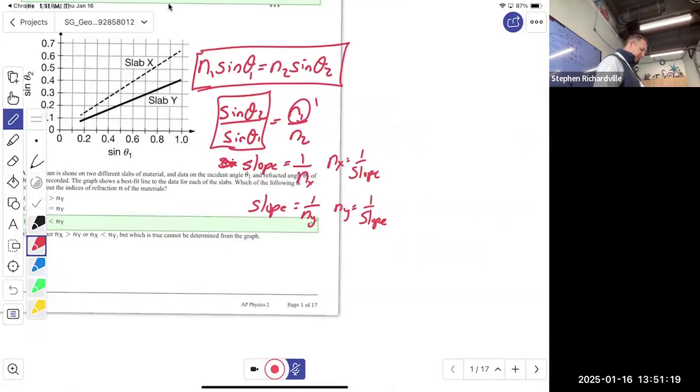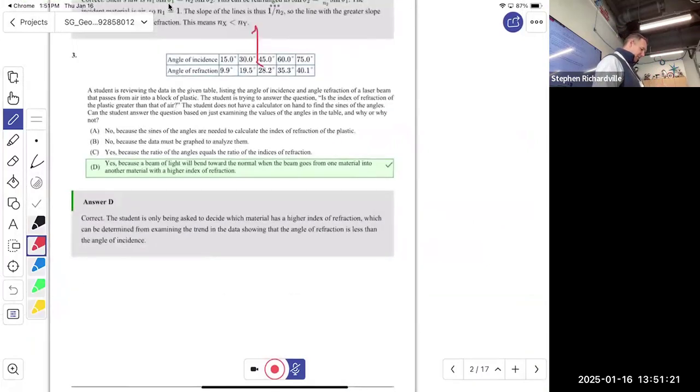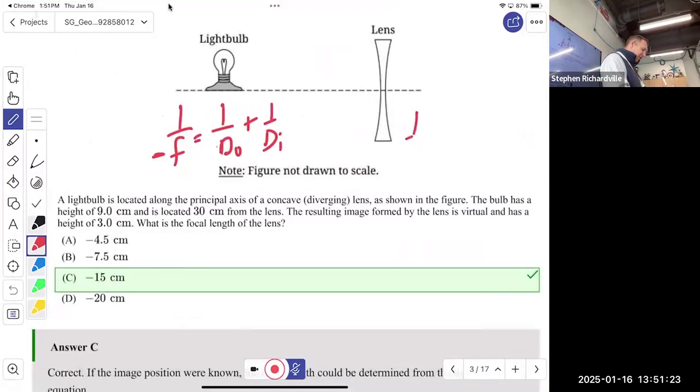So what I really need here is to be on the right problem. 1 over negative f, so that's what I'm going to solve for, equals 1 over do. Do I know do? Nope. Do I know di? What do I know? The bulb has a height of 9 centimeters and is 30 centimeters from the lens. So I know do. But I don't know di.